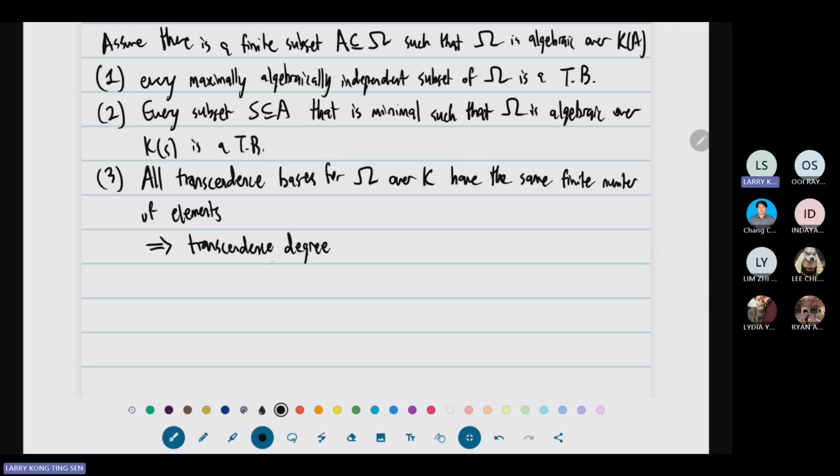There are some notations, but usually I see it written as tr.deg. Basically, in some sense it is how many elements we have to include into K until this field becomes omega itself.